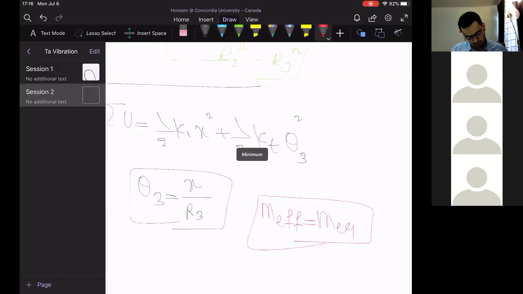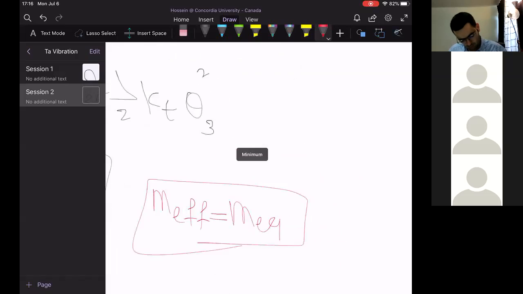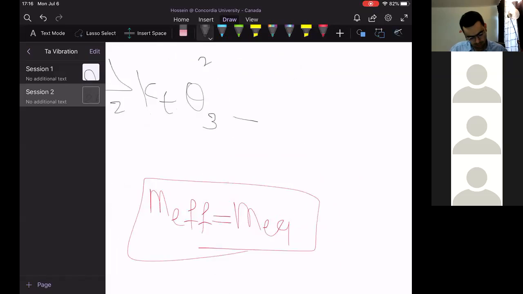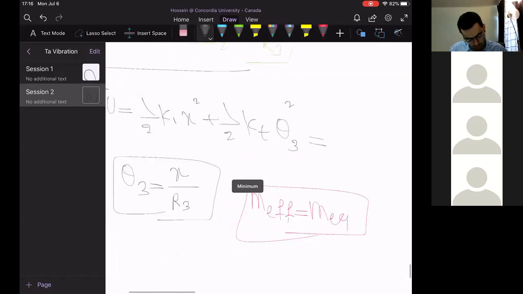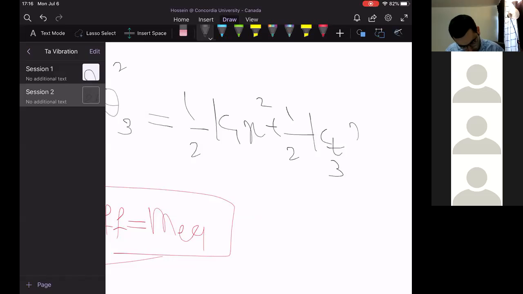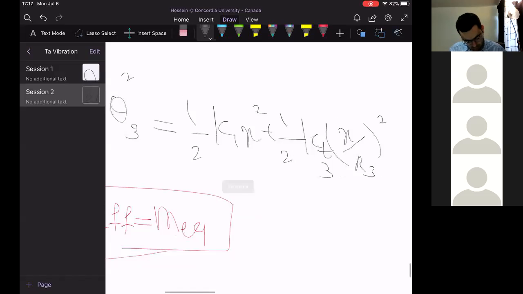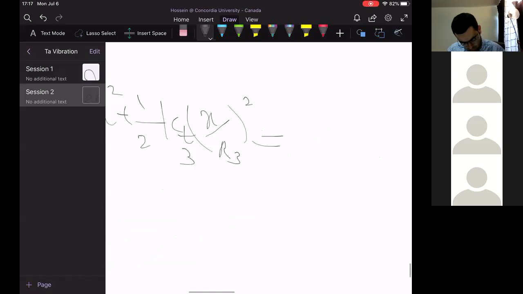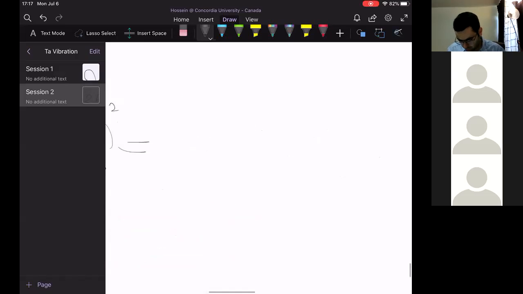So we want to just simplify the system. That's the whole point. 1/2 k1 x squared plus 1/2 k torsional, or k3, let's call it k3, times x over r3 squared, which is equal to 1/2.